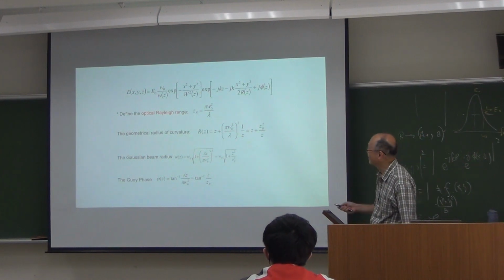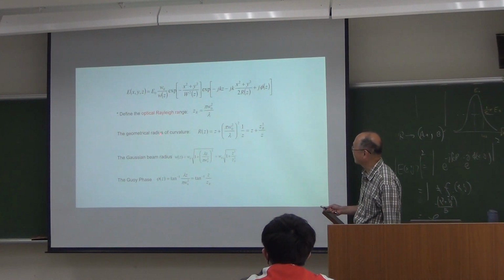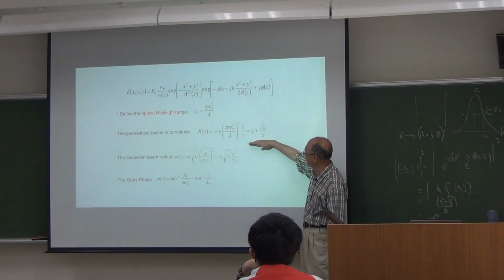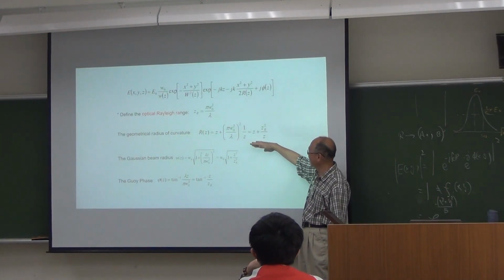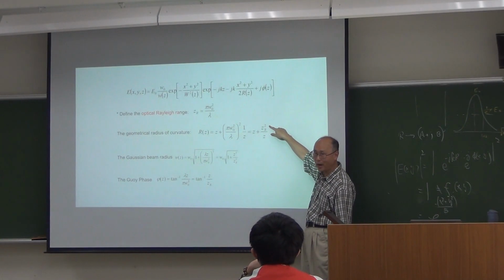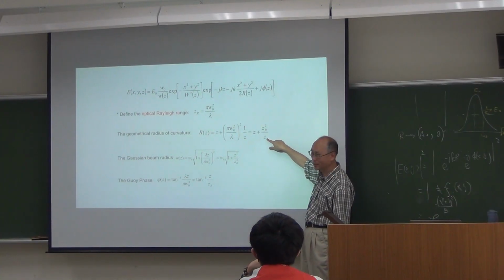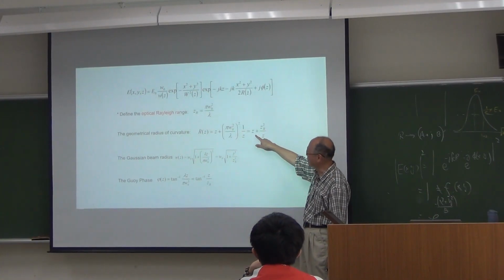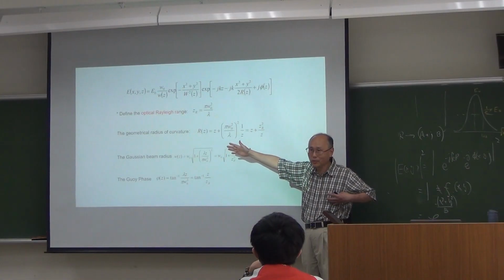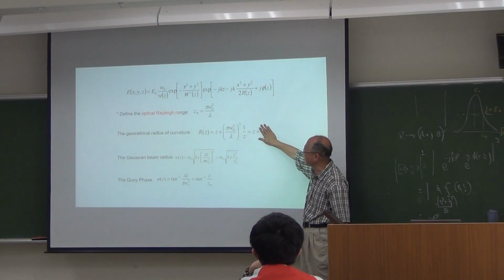Okay, for example, the geometric radius of curvature R as a function of z can now be written as z plus the square of the Rayleigh range divided by z. So when z becomes very, very big, this term goes away.